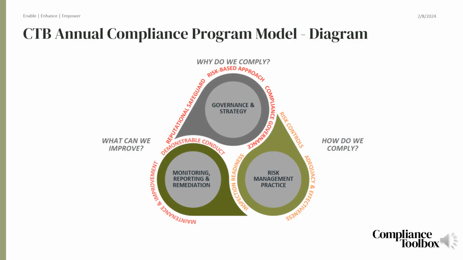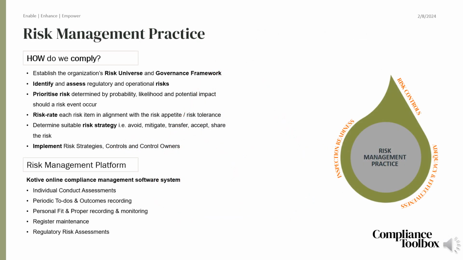We will now take a closer look at the How component. At the bottom right of our model, risk is processed by institutions in accordance with international standards, which is referred to as the application of a risk-based approach.